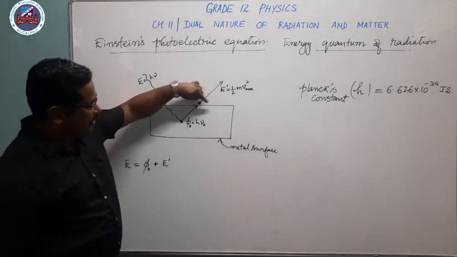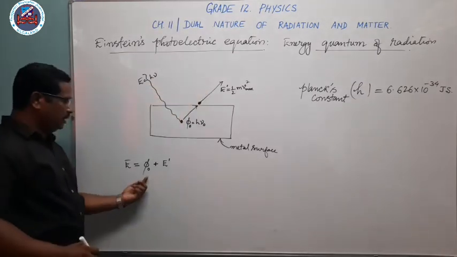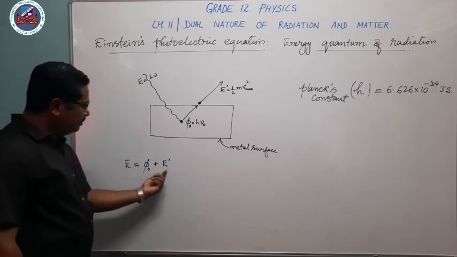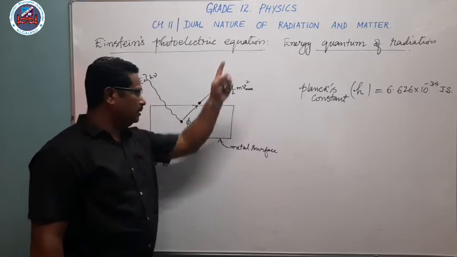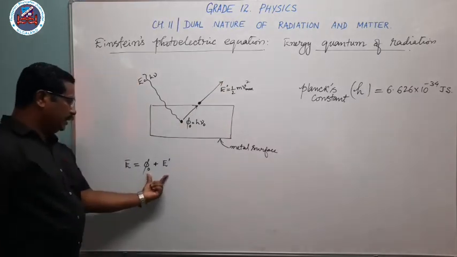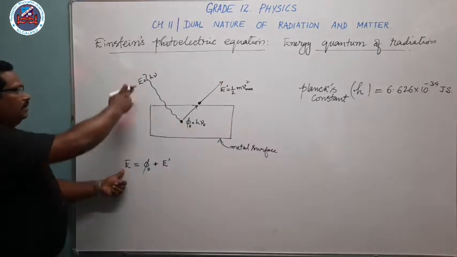When you add these two energies, the work function and the energy at which the electrons accelerate outside the metal surface, you get the energy of the photon.